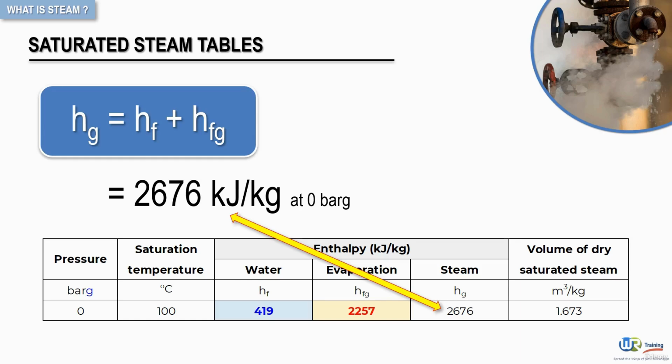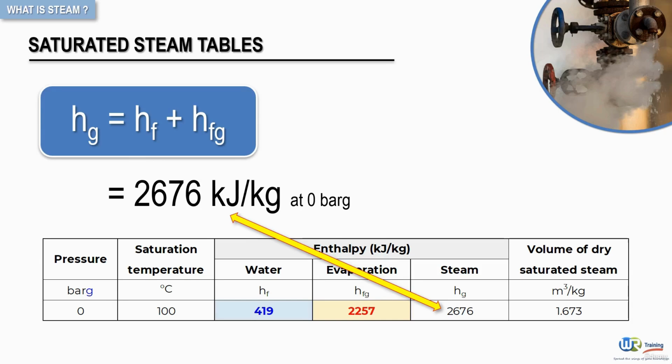Now, because of the pressure-volume relationship of steam, where volume is reduced as pressure is increased, steam is usually generated in the boiler at a pressure of at least 7 bar gauge. The generation of steam at higher pressures enables the steam distribution pipes to be kept to a reasonable size. This will be discussed in the sizing section of the course.